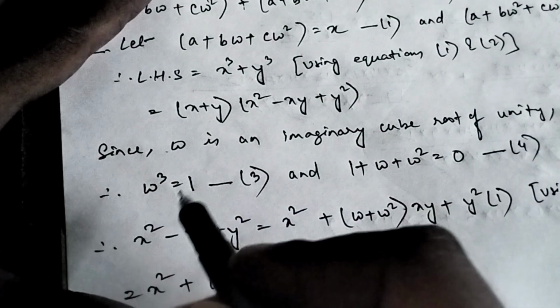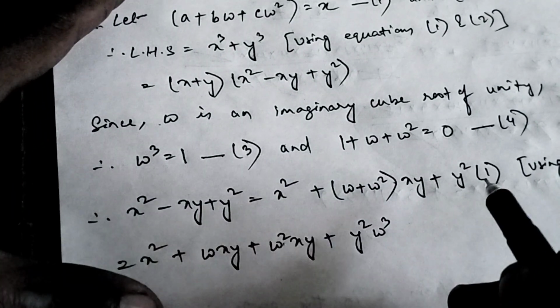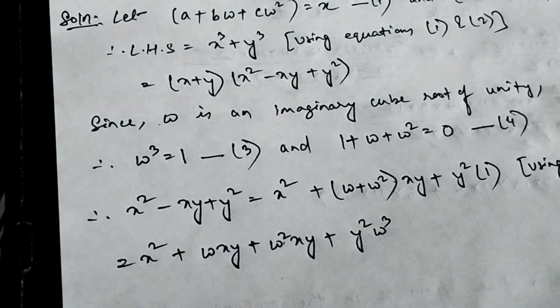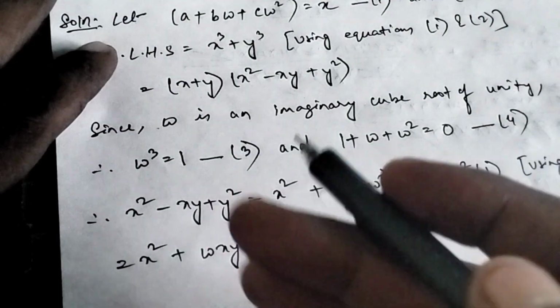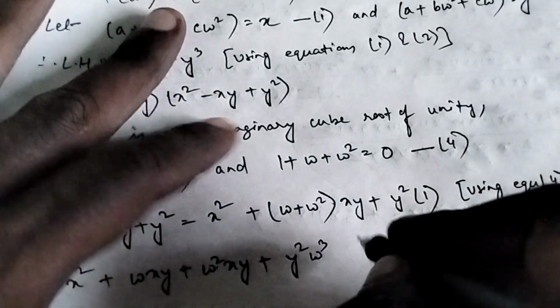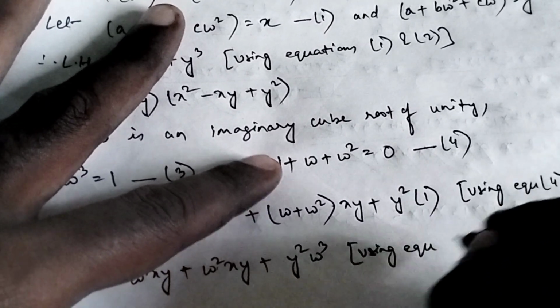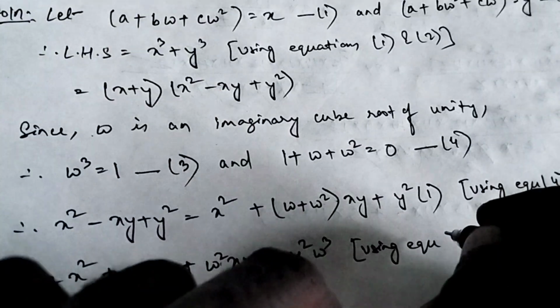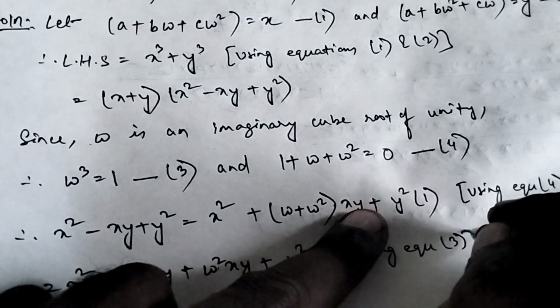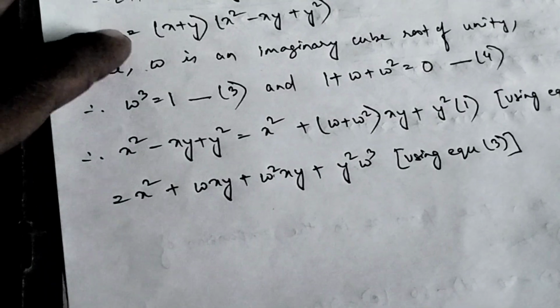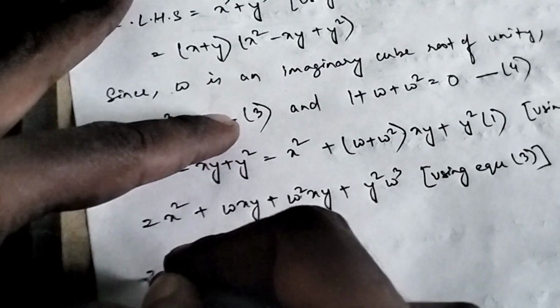In place of 1, I can write omega cube, because 1 is equal to omega cube. So here you have to write using equation 3. Clear?